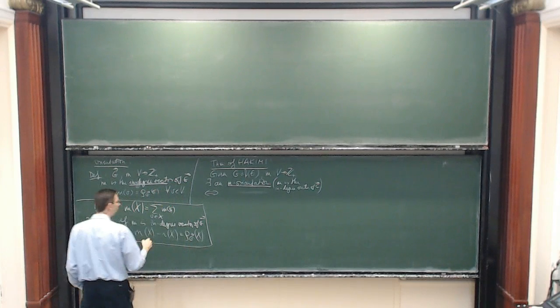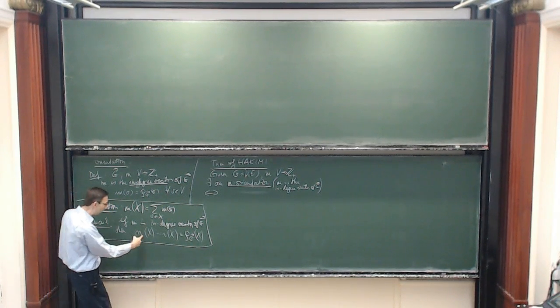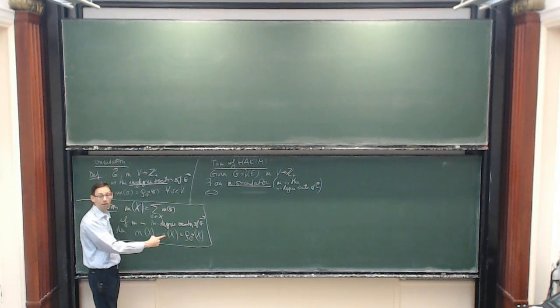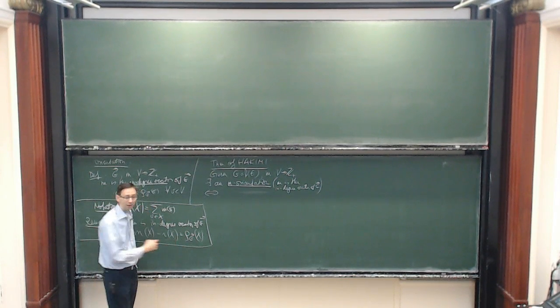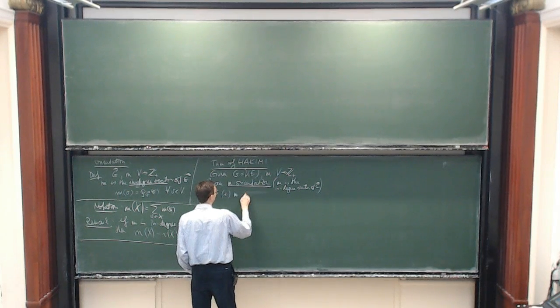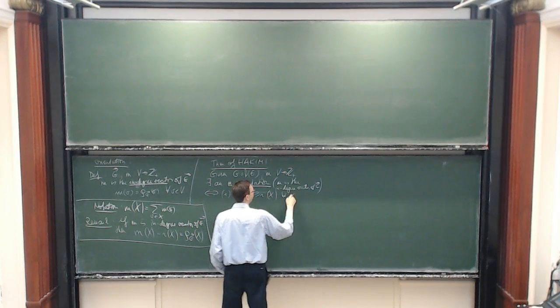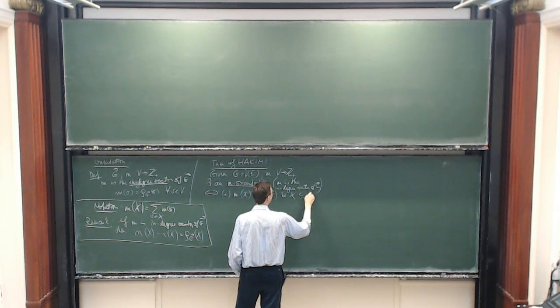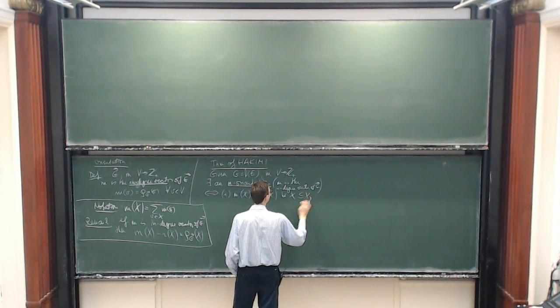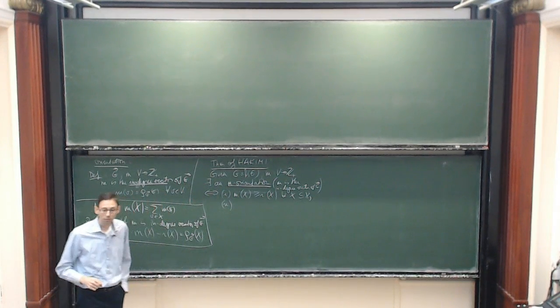First of all, if we have this orientation, a directed graph, then M of X minus I of X is this, and this is non-negative. So this will be the first condition: M of X is at least I of X for each vertex set X. And there is a second one, almost the same.